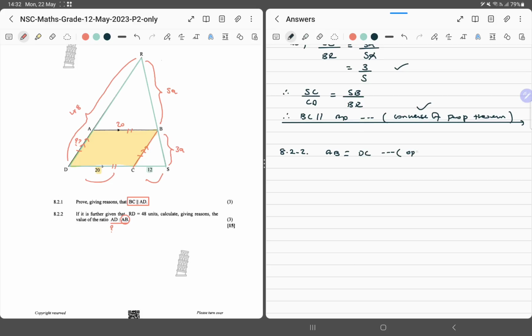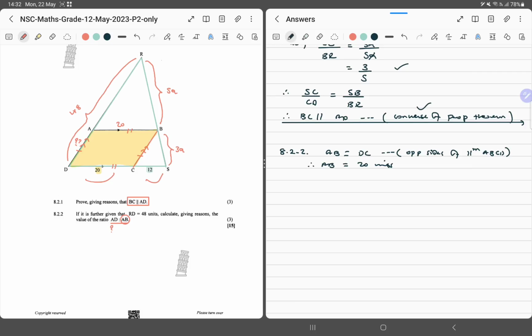These are the opposite sides of a parallelogram. Let's state which one, because they will probably be interested. It's AB equals CD, which is 20 units. Okay, that is the first argument.